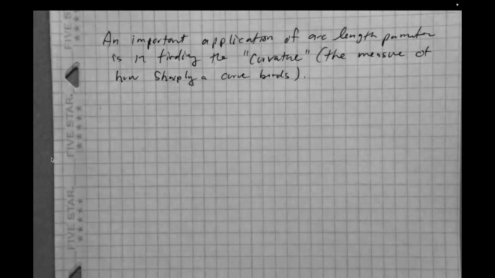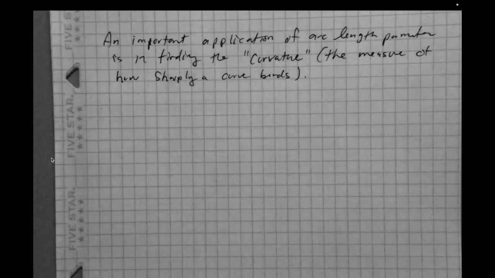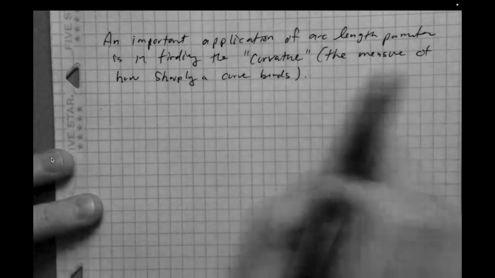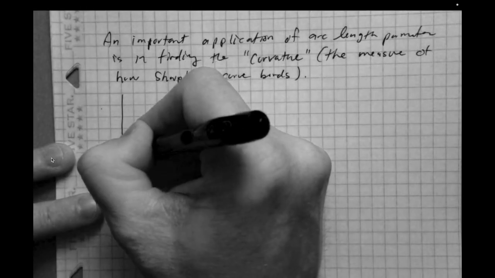Okay, so this is one of the most important applications of this arc length parameterization. So what do we mean by curvature? Well, the measure of how sharply a curve bends is one way to say it.